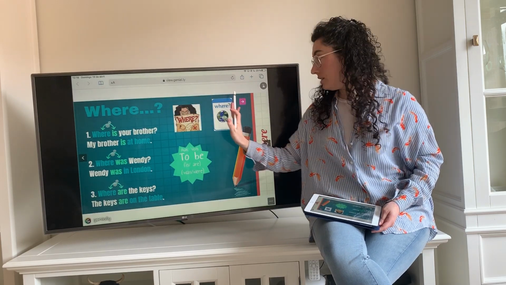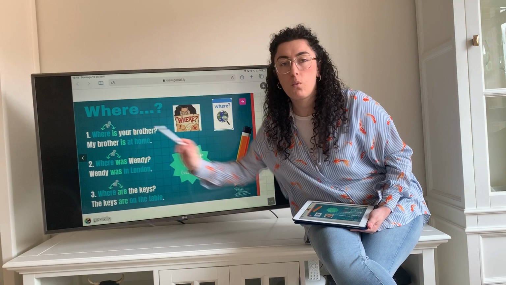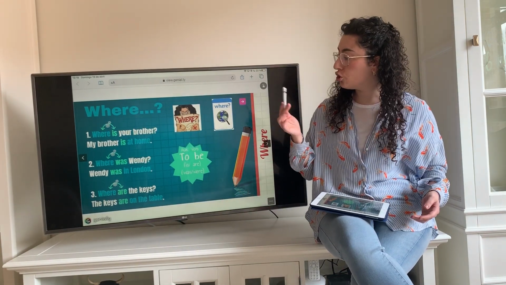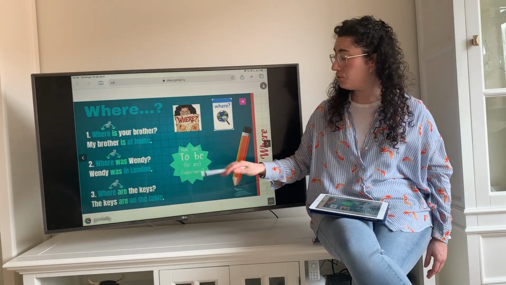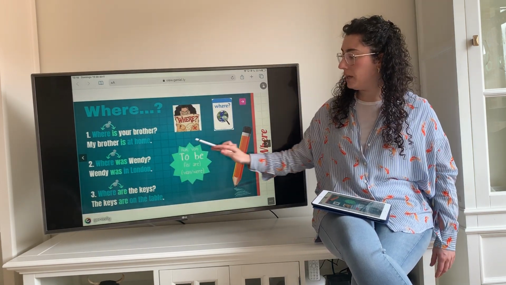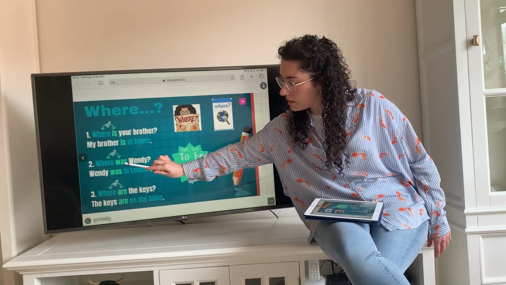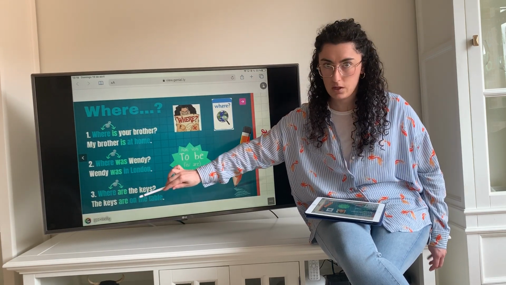Good. Now, so where? We are going to start today with where, as I told you. Here we have a question, and the first question is, where is your brother? These 3 questions are going to use the auxiliary verb to be. And you can see it here. Can you see the ones in green? Those are the auxiliary verbs, okay?